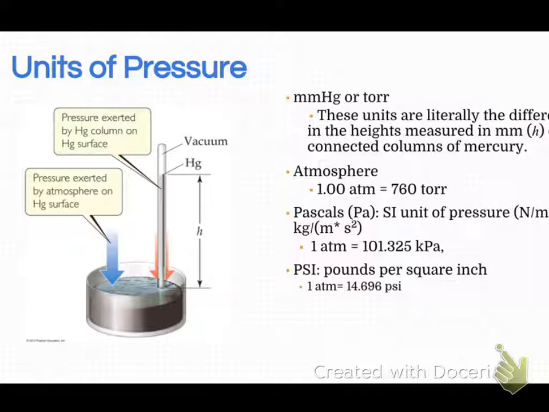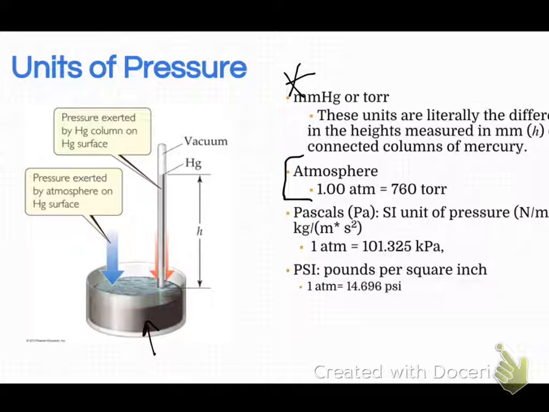Okay, so 1 atmosphere of pressure was not the first unit of pressure invented, actually. The first one is something called millimeters of mercury, which is also known as torr. Now, to get this, what they would do is they have a pool of mercury. So this is mercury, the toxic stuff that used to be in thermometers.